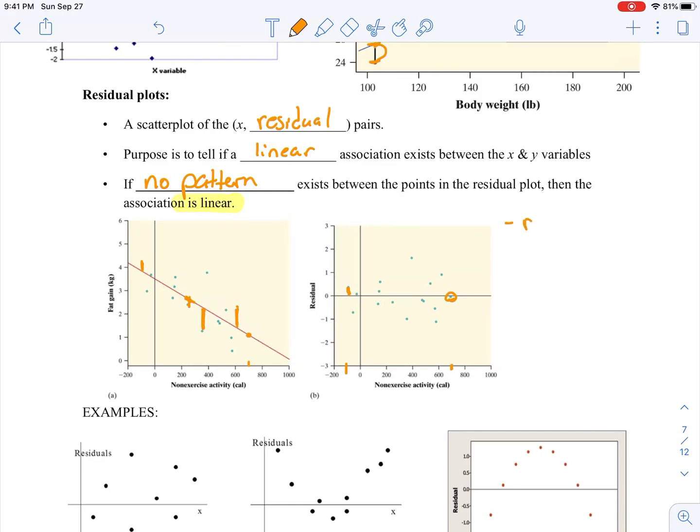So a negative residual means that my predicted value was larger, and we call that an over-prediction. If I have a positive residual, that means the observed value is larger.